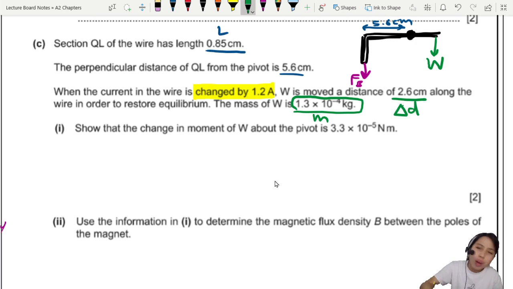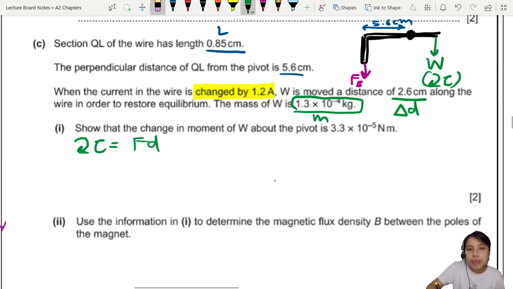Remember we say your W will cause a clockwise moment. This W will pull so that this whole bar will turn if there's nothing else on the other side. So normally we say the clockwise moment is the force times distance. We know it's clockwise already, but now we're talking about change.